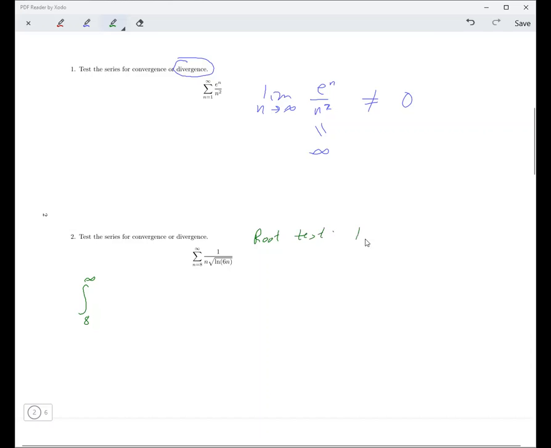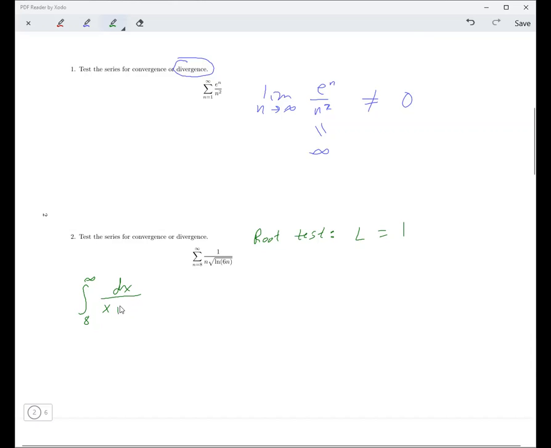It's going to give you L equals 1, which is inconclusive. So the integral test is the best way to go. Also comparison: these terms are slightly smaller than 1 over n, and 1 over n diverges, so that doesn't get you very far.